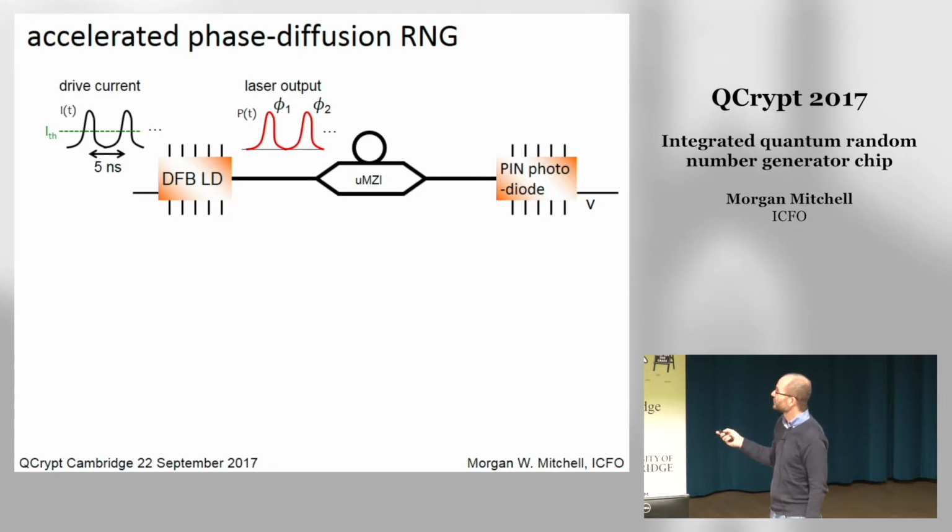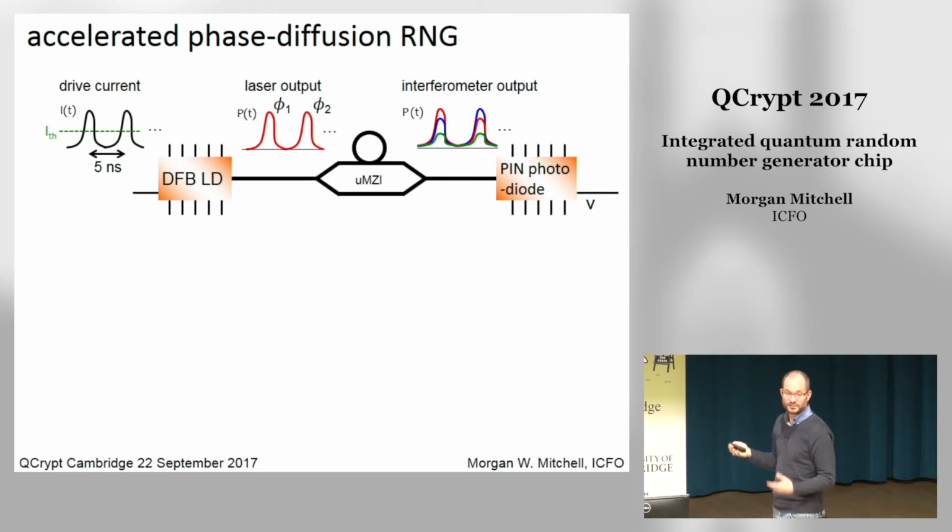And then you pass them through an interferometer, which has a delay that's equal to the delay between these two pulses, so that when they combine at this beam splitter, they overlap, and you can see an interference between them. And then you see an amplitude, which is a function of the phase difference between these two.